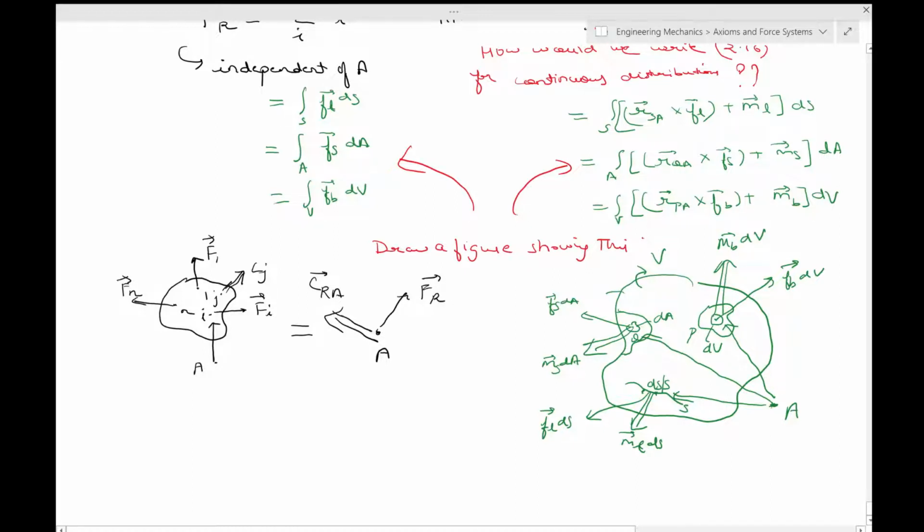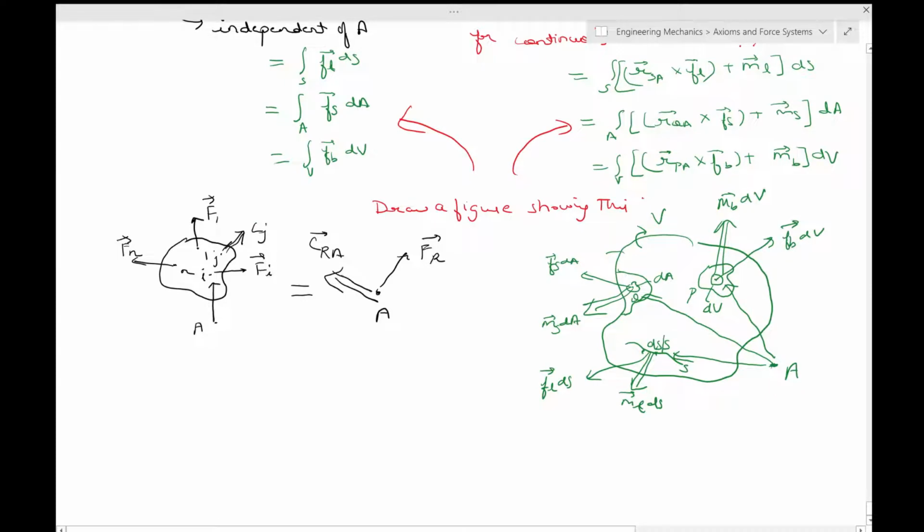You must be aware at this stage what the direction cosine of Fr is. We express it using L, M and N. L is cos alpha, which is Frx by Fr.